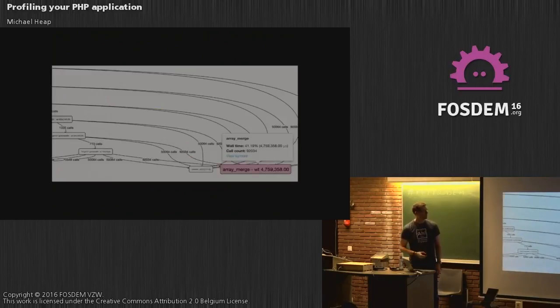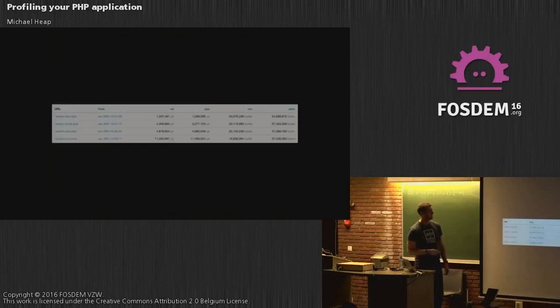It has call graphs as well, just like XHProf. They look a little bit nicer. You can mouse over, see things like call counts. It's a little bit more interactive, but it's still the same data. It's just another UI on top of the XHProf data.